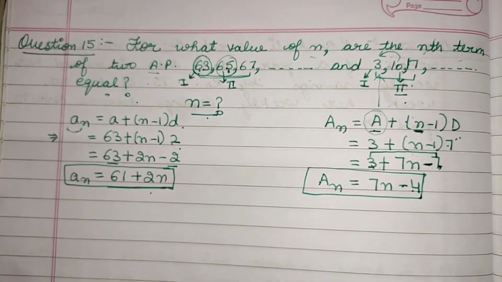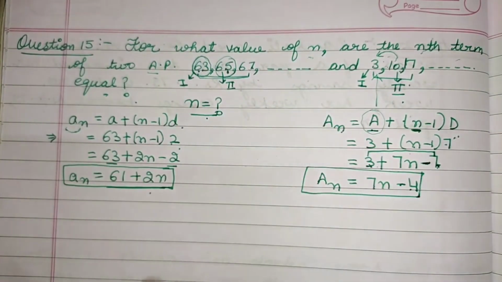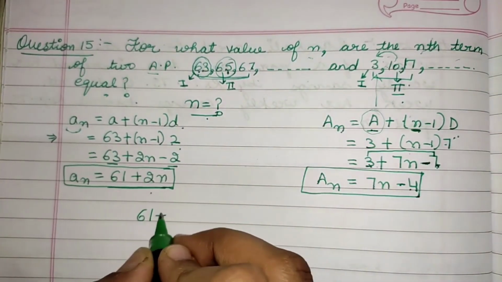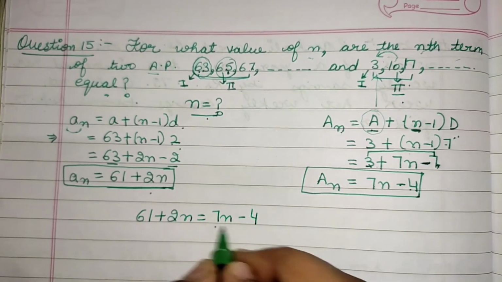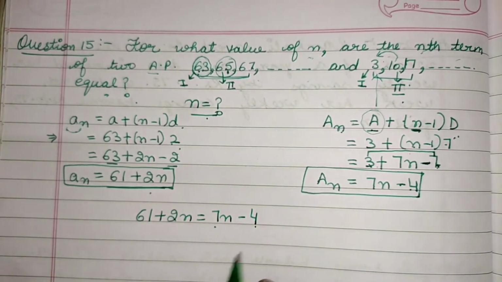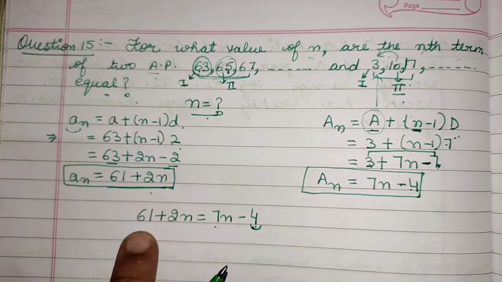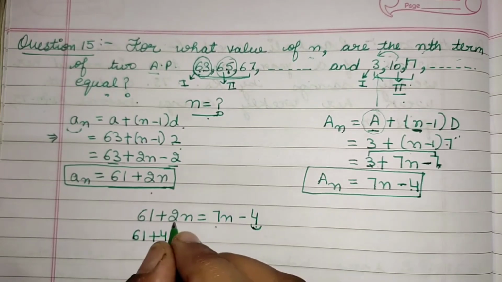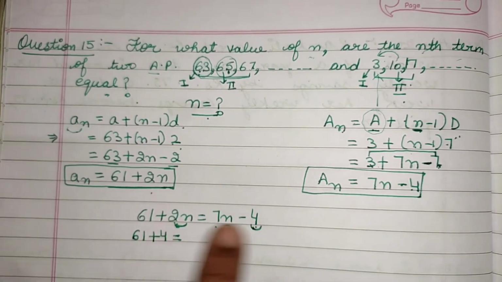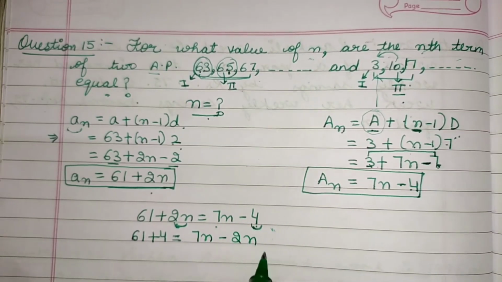So as per the statement which says that both the nth terms of the APs are equal, I can say that 61 plus 2n is equal to 7n minus 4. Now solve this equation. This 4 is negative on this side; when it comes to the left hand side, it will become positive, and this 2n is positive, so it will go to the right hand side and become negative.